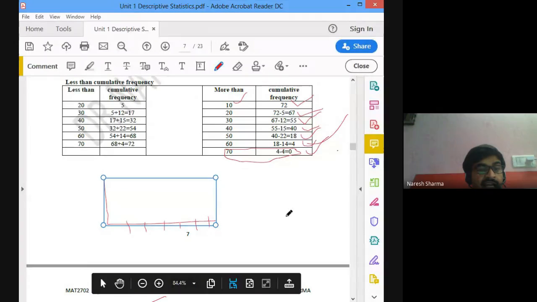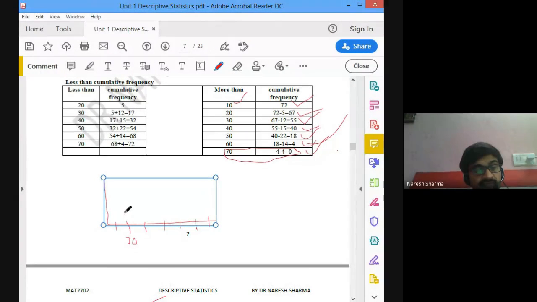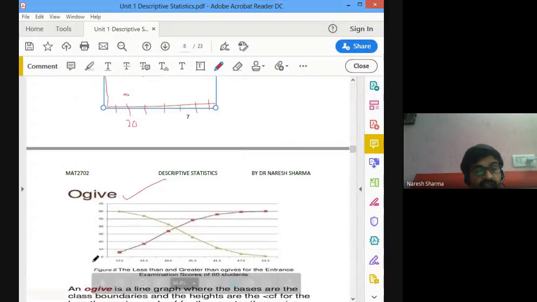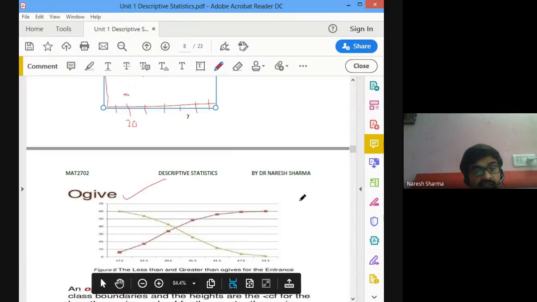And suppose this is your 20. We take the heights here. Height at 20 is your 5. Similarly, for 30 it is your 17 or so. So similarly we draw the graph. If you see here in a graph, a similar graph you can draw, right?